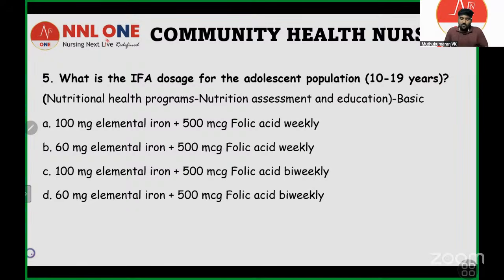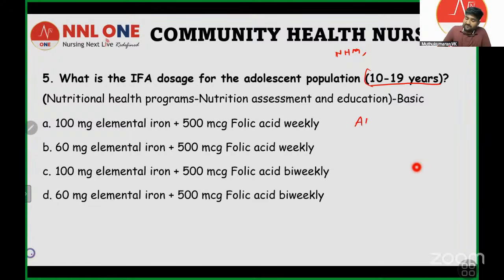Now comes the controversial plus important question. What is the iron and folic acid dosage for the adolescent population, that is 10 to 19 years of age? If you have time, you can go and check the National Health Mission website.